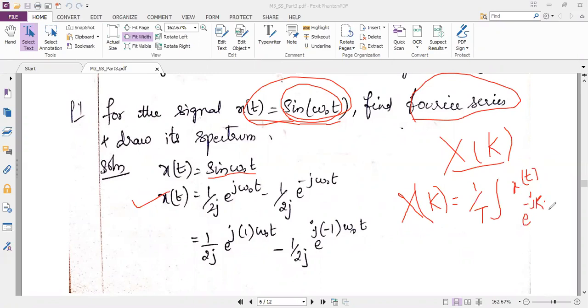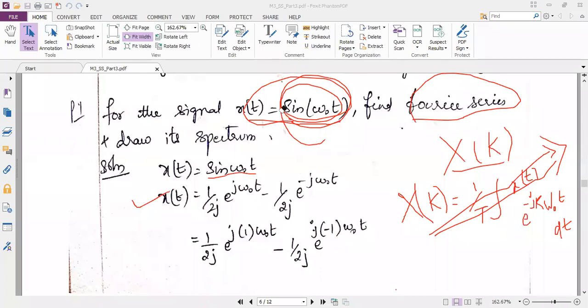Refer your notes. This is the formula we have to find X of k from x of t. But you don't use this formula to find X of k when the input is in sine form or cosine form. Without using the formula of X of k, easily we can get the X of k expression.